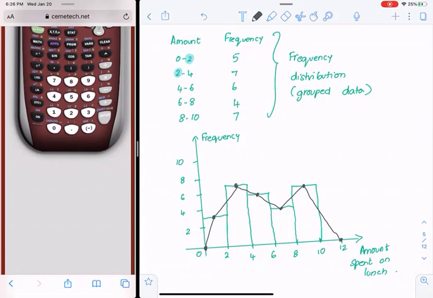Oftentimes, when people do statistics, they go wrong and give the wrong answer because they interpreted the data the wrong way. In other words, they look at a shape like this and apply a method that wouldn't work for a shape like this. So we've got to be very careful prior to choosing analysis just by looking at a histogram.